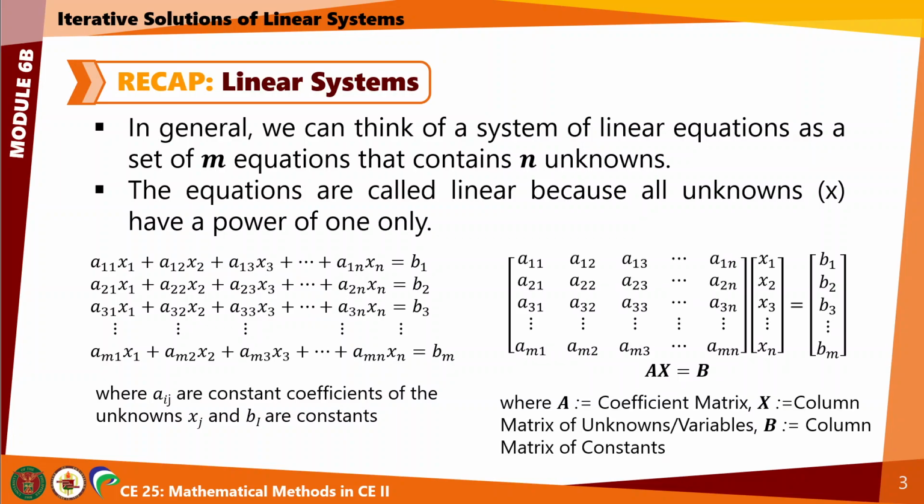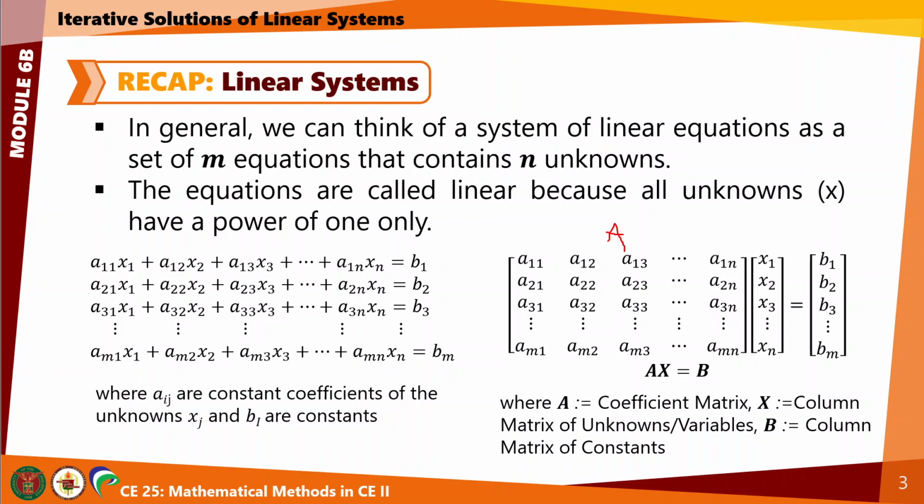So we can rewrite this linear system into a matrix. As you can see, the matrix of your constant coefficients a sub ij composes this matrix A. Okay, this is a square matrix. No, it's not, sorry, it's not a square matrix.